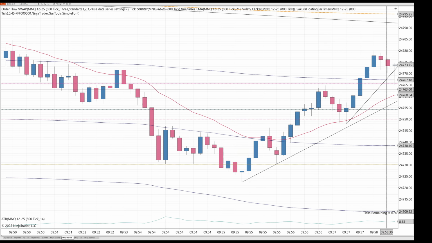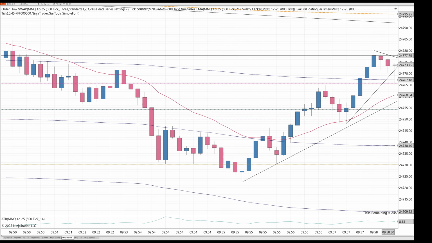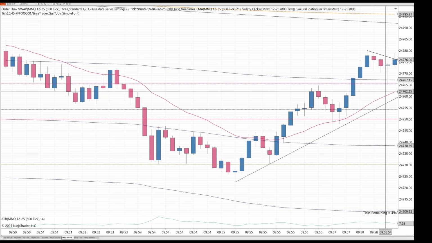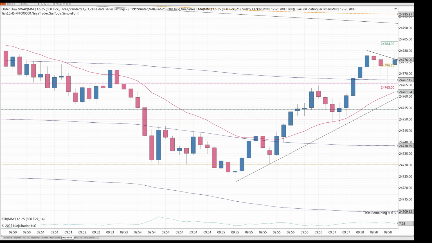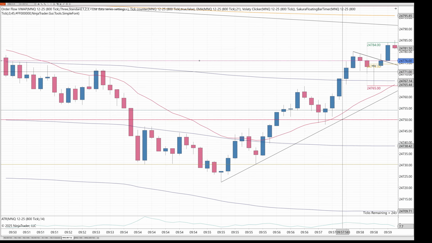Now the runner just got taken out. This will be the signal to go higher, but we have a trend line in the way. So let's go ahead and mark it. All right, it worked.